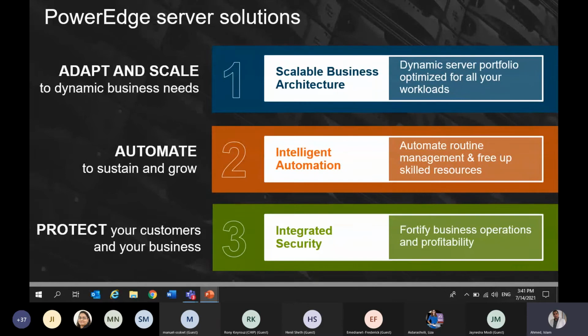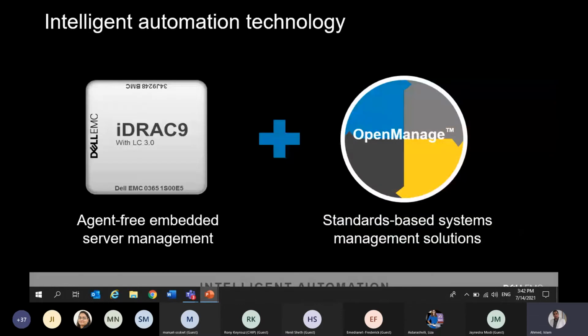Dell EMC provides intelligent automation features on every PowerEdge platform, which is a boon to business in terms of saving time and resources. Among all this regarding automation, we'll talk about iDRAC and OpenManage.